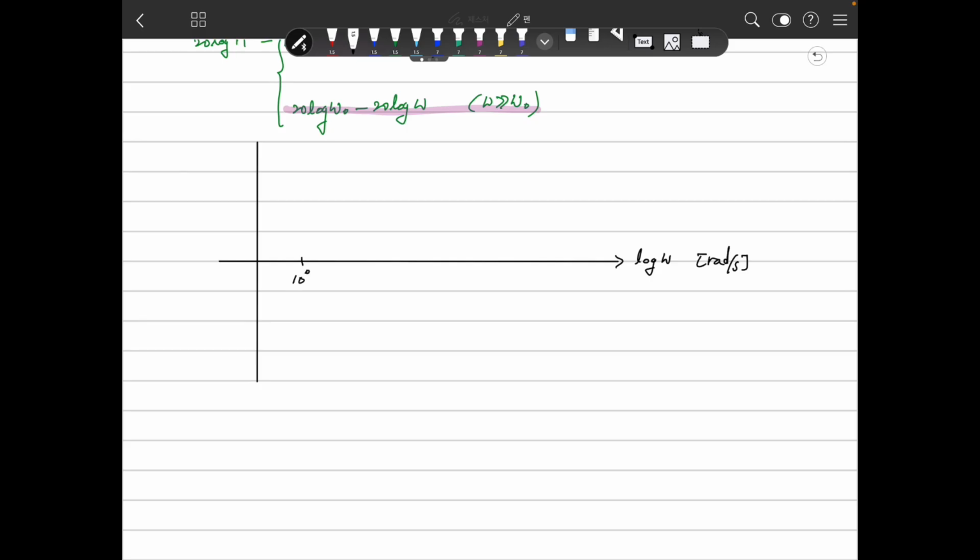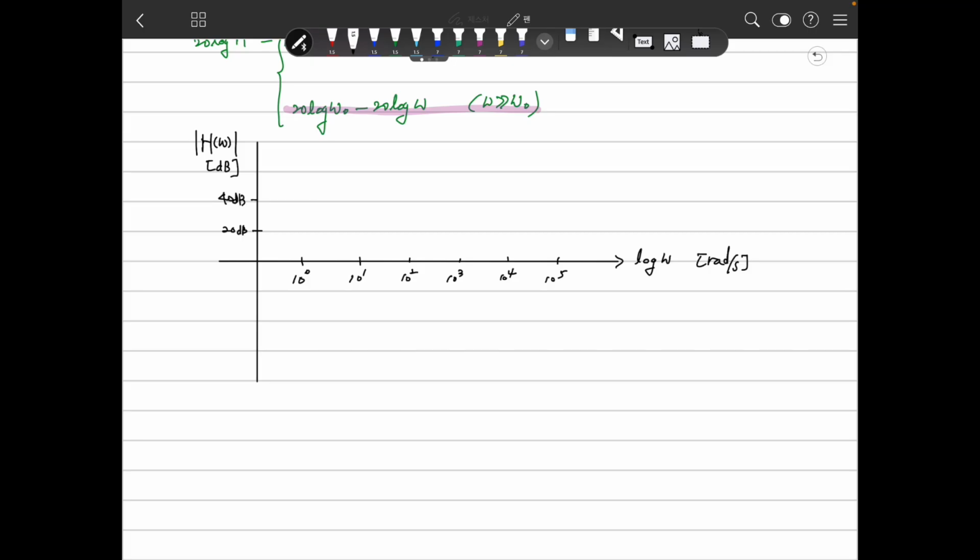Here we can get 10 to the 0, that means 1 radian per second. Times 1, times 2, times 3, times 4, times 5. And this is the magnitude of H in this manner. But the unit is not linear, this is dB. That means 20 dB, that means 40 dB.